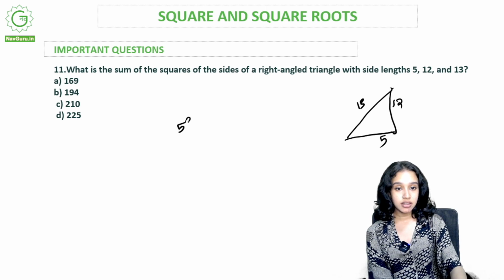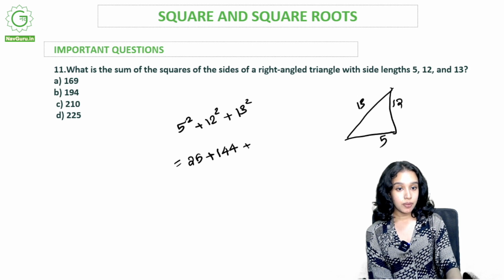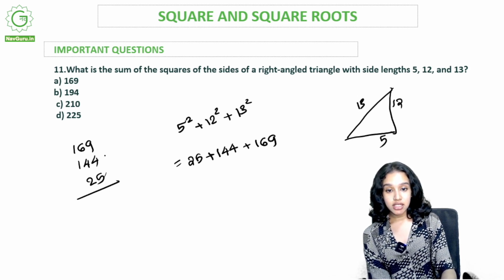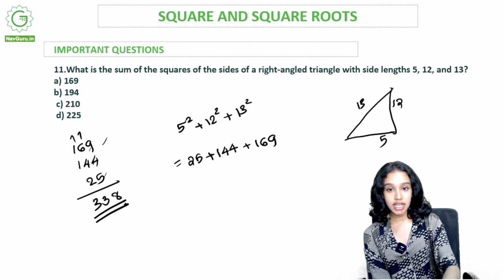So 5 square plus 12 square plus 13 square, which is 25 plus 144 plus 169. So let's add this up. 169, 144 and 25. 9 plus 9 is 18, 6 plus 4 is 10, 12 and 13. And this is 338. The option is not given here, but still this is the answer, 338.